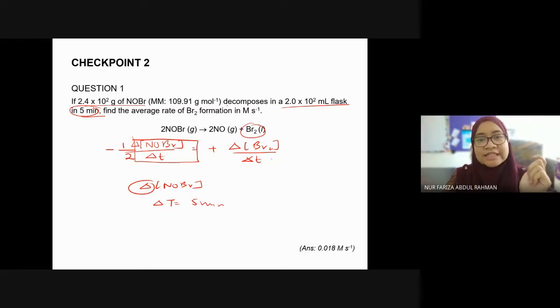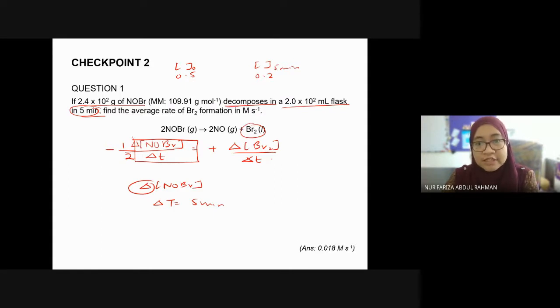It says decomposes. For example, the initial concentration is given as 0.5, and the concentration after 5 minutes is of course decreasing, so 0.2. So this is at the beginning, and this is after 5 minutes.